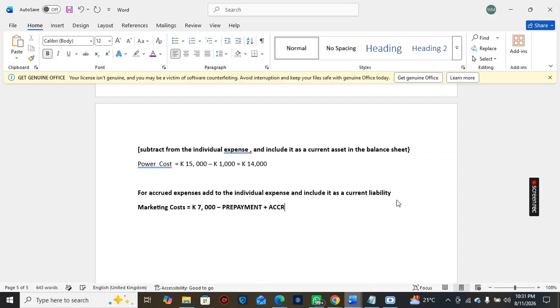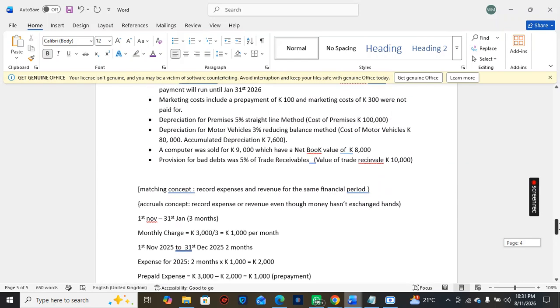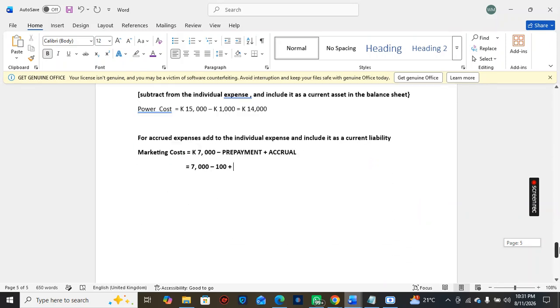plus accrual. Okay. So colleagues, for accruals, they won't tell you that this is an accrued expense. You just look for words that say that it hasn't been paid for or it hasn't been recorded. Then you know it's an accrued expense.